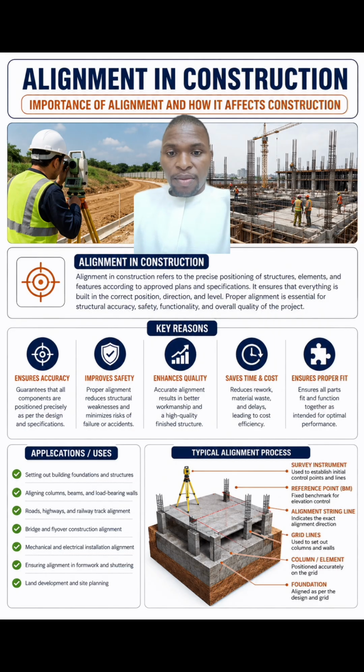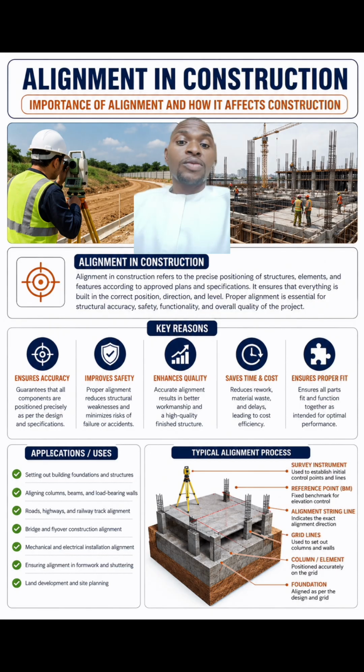Your structure should look aligned. Your column should be aligning perfectly. Your beam should be resting on the column perfectly. Your slab should be well placed and laid. So it actually ensures proper fit.